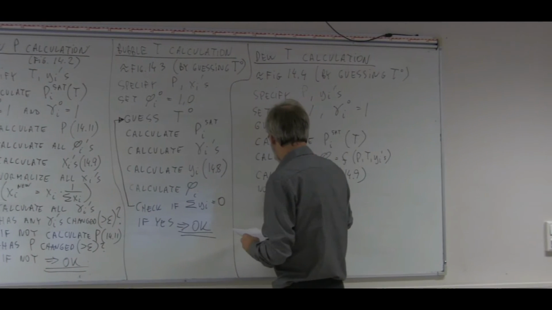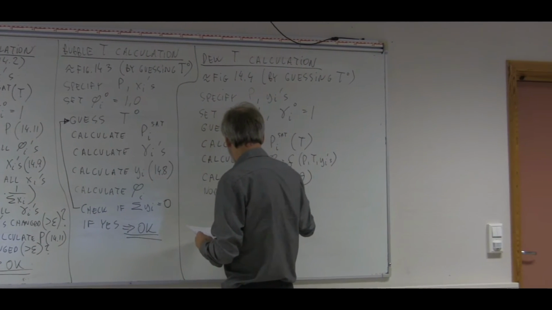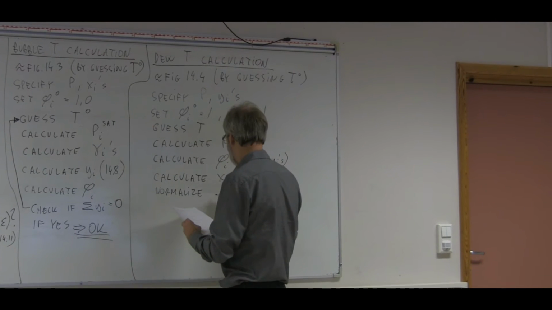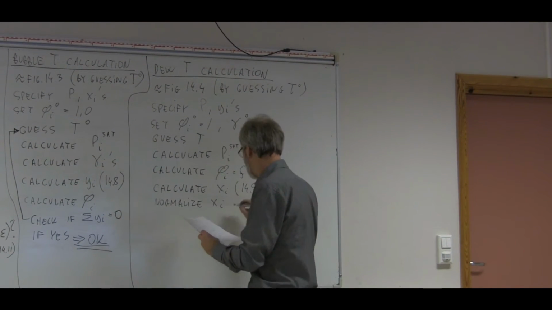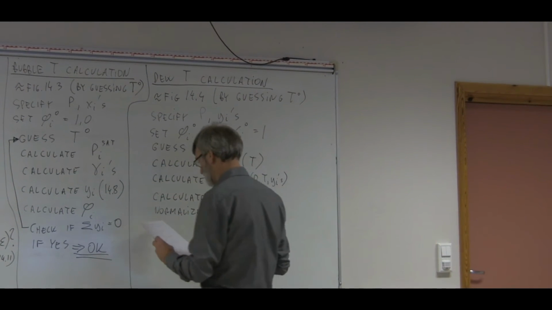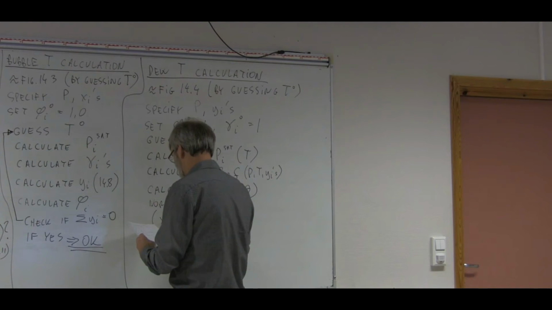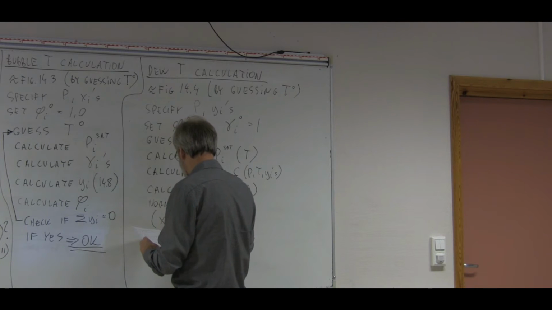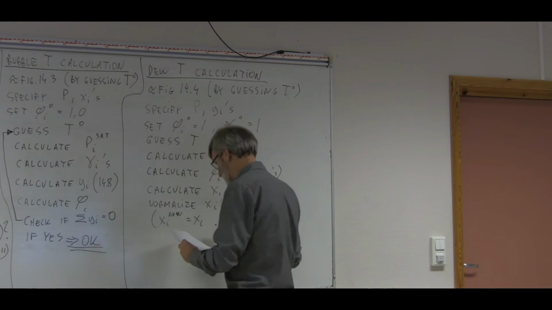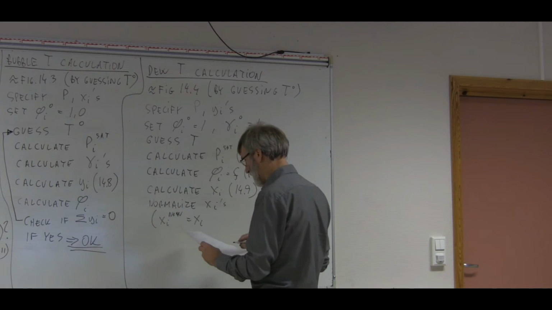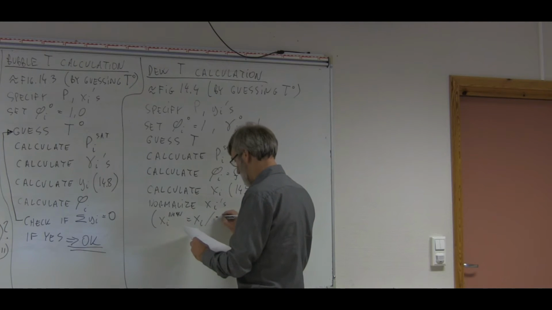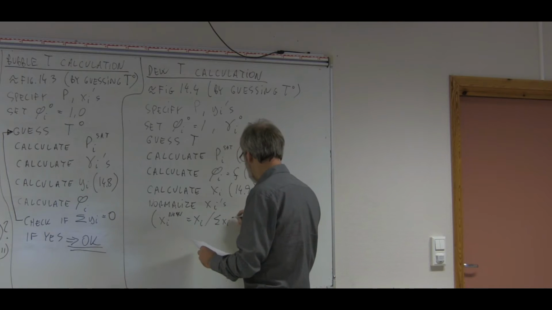Then we normalize the x's. The new x's equals the old divided by the sum of all the x's.